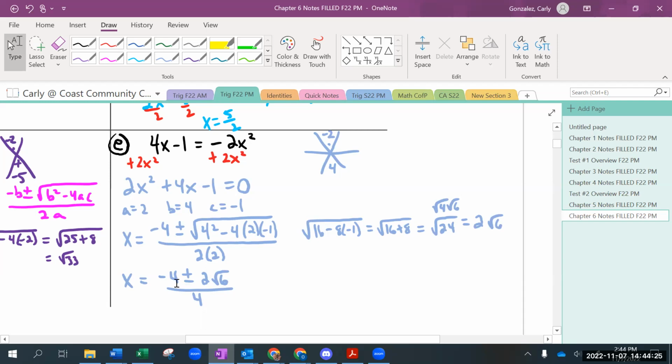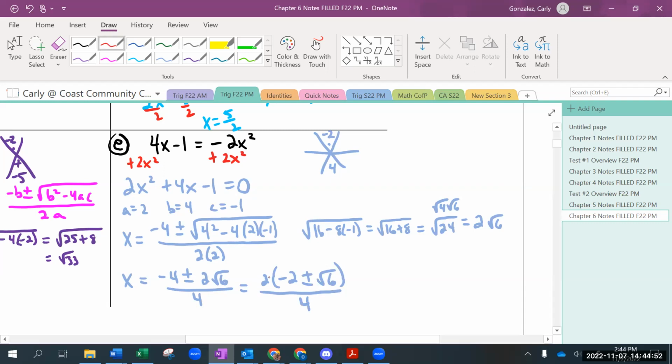And since we can simplify all of the numbers outside of the square root, with -4, the 2, and the 4, we can reduce those all by 2. So one strategy is to factor a 2 out from the numerator, and we're left with -2 plus or minus rad 6 all over 4.